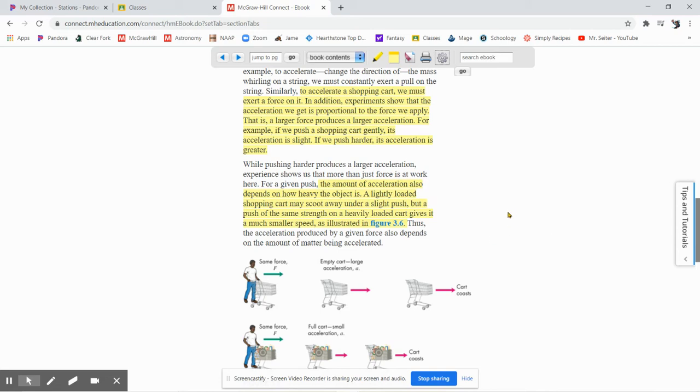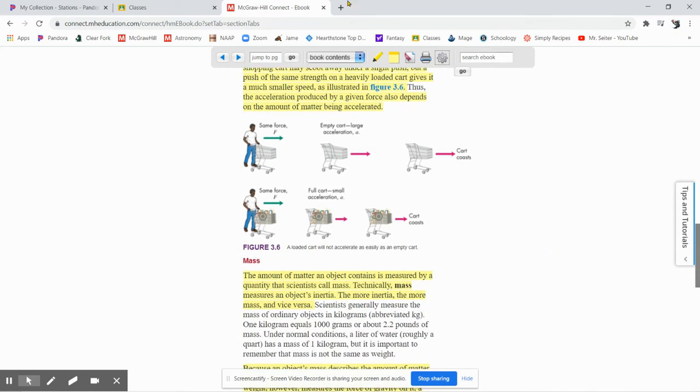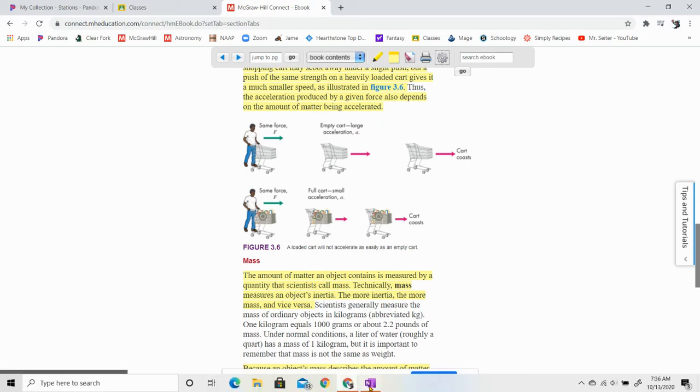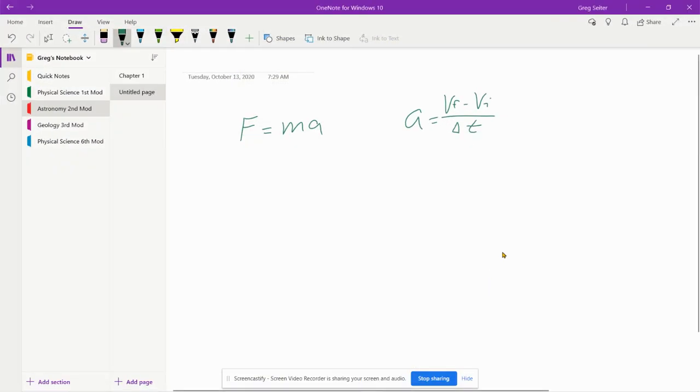Thus, the acceleration produced by a given force also depends on the amount of matter being accelerated. Now, real quick, a little refresher. Matter, mass, is a measurement of matter in an object. Okay, so let's just draw a box here.